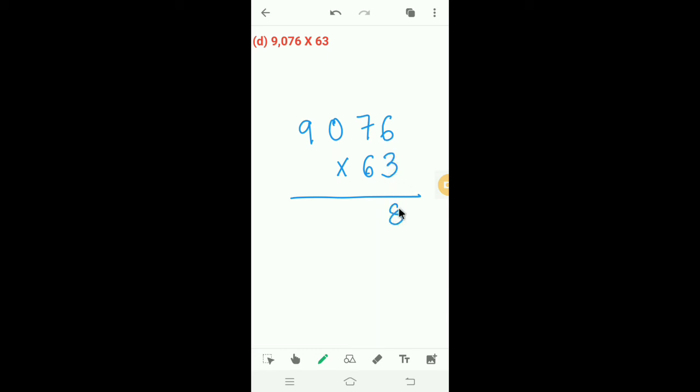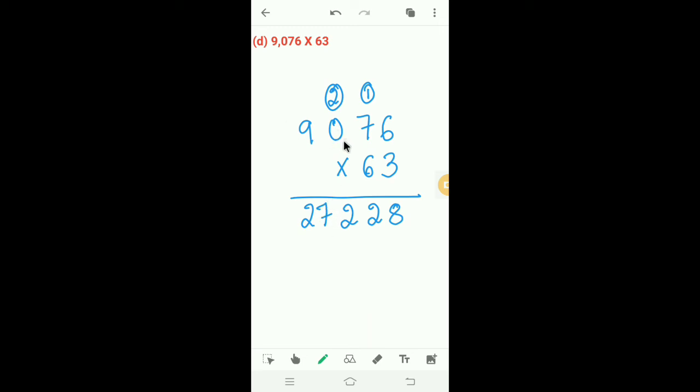So I will write 8 here and 1 carry. 3 sevens are 21. 21 plus 1 is 22. So I will write 2 here and 2 carry. 3 into 0 is 0. So 0 plus 2 is 2. 3 nines are 27.